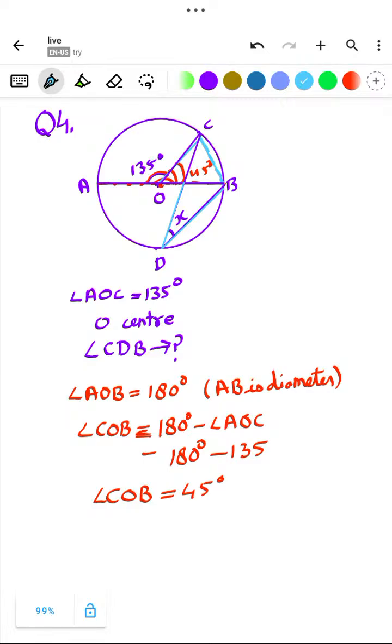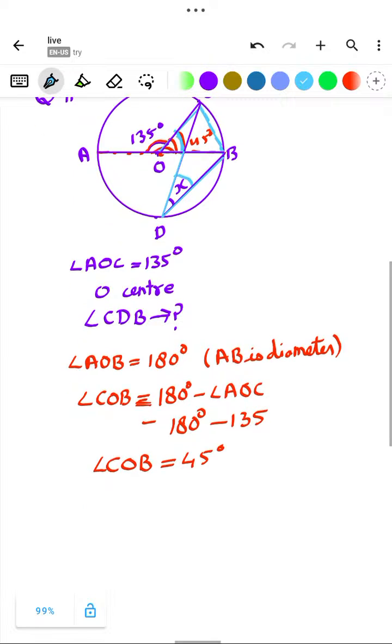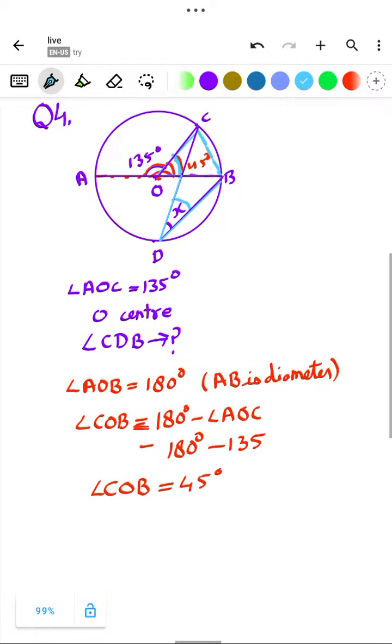So this angle and this angle will be connected to each other, and the theorem says that angle at the center is twice of angle at the circumference. So angle at the center is angle COB. This is twice of angle at the circumference, that is angle CDB.